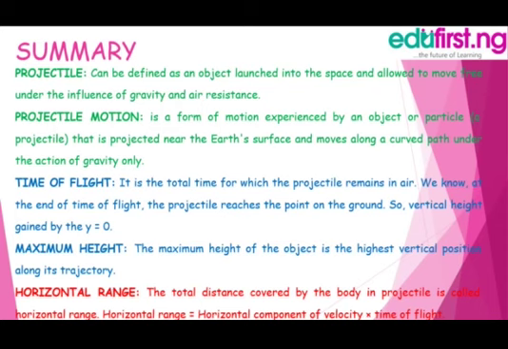Time of flight is the total time for which the projectile remains in the air. Maximum height is simply the highest vertical position of the object, while horizontal range is the total distance covered by the body in projectile motion.